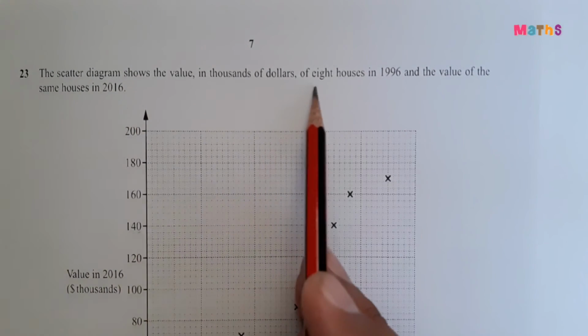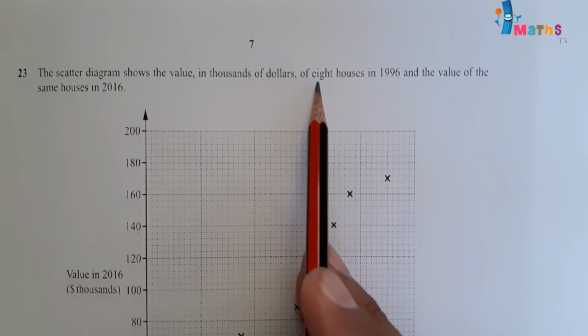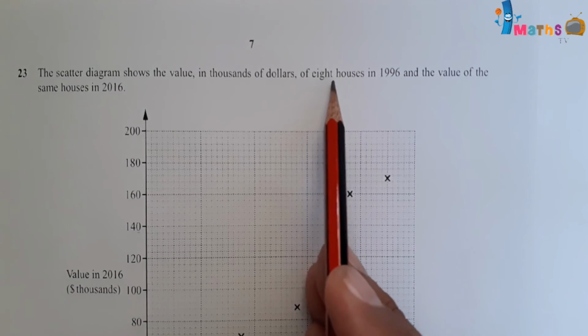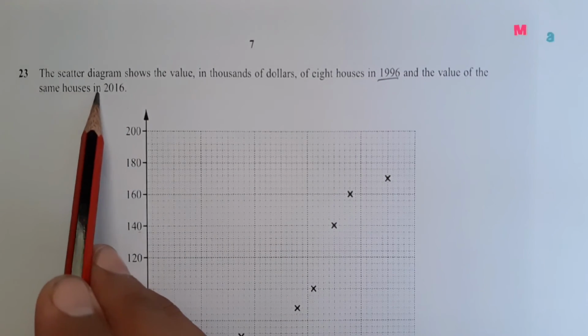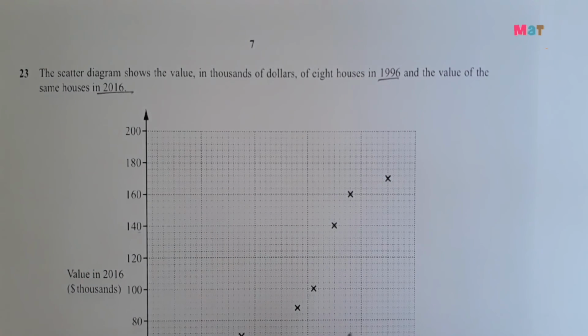Question number 23. The scatter diagram shows the value in thousands of dollars of 8 houses in 1996 and the value of the same houses in 2016.